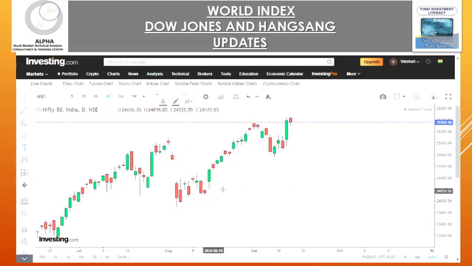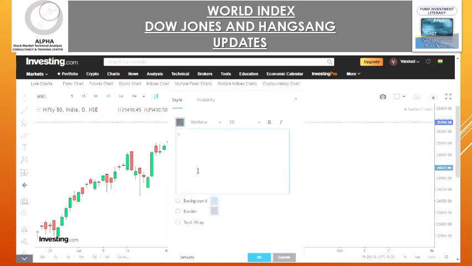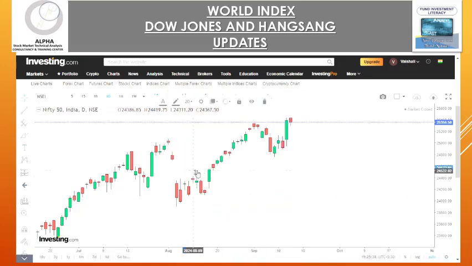This is my uptrend right here, and I find it motive, so I go ahead and name it. That's my first wave. Let me just do it with a trend line here. This is my first wave, and then we have the second wave right here.